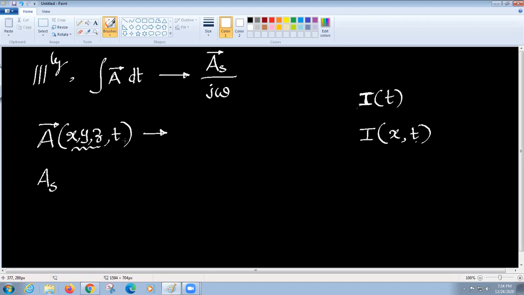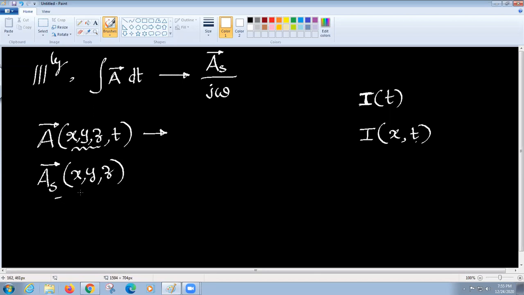So generally, whenever you say instantaneous form, if it is in field theory, the instantaneous form is of course a function of time as well as space. Of course it's time dependent. But if I take the Phasor form, in Phasor form, we omit the time.